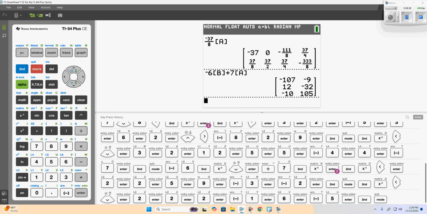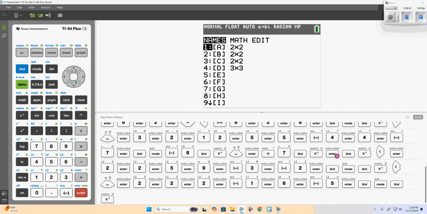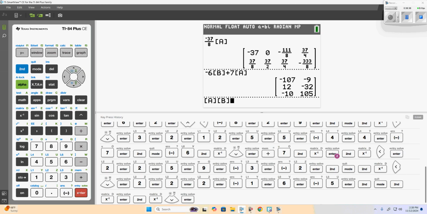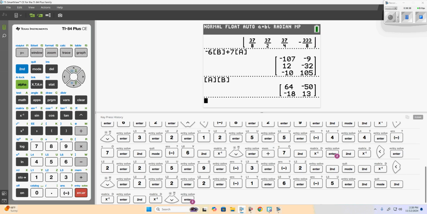Second quit. Now it wanted us to do U, which I labeled as A, times V, which I labeled as B. And we just stick the two matrices next to each other. We do the exact same thing to type them in, put them next to each other because it understands that that's multiplication. This is the answer.